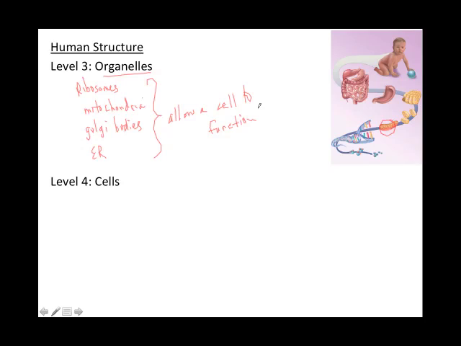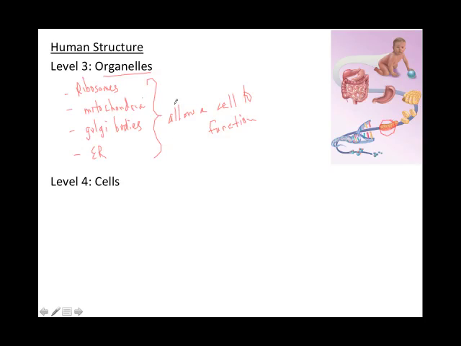Now, one of the things that we're going to start to see is that as we move from level to level, each of those things at a level of organization have something in common. And in this case, even though each of these structures has its own unique function, collectively they function to keep the cell alive.